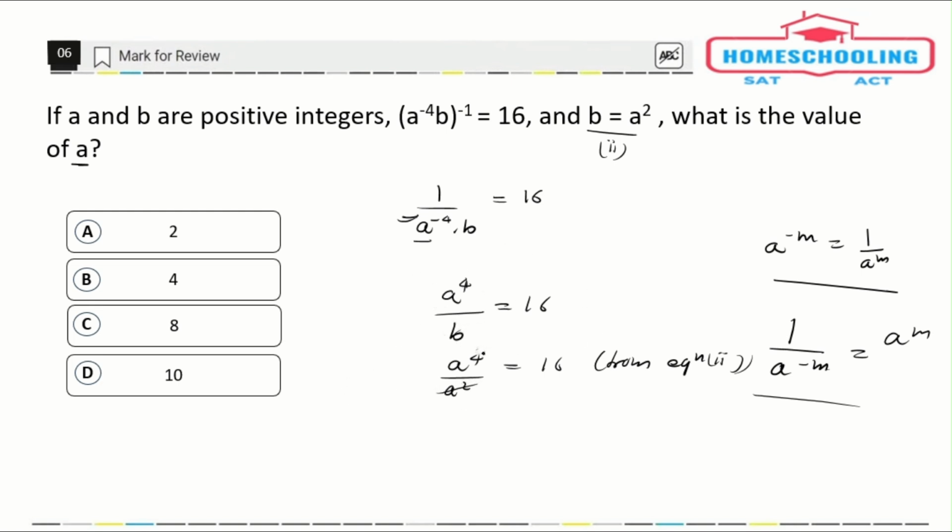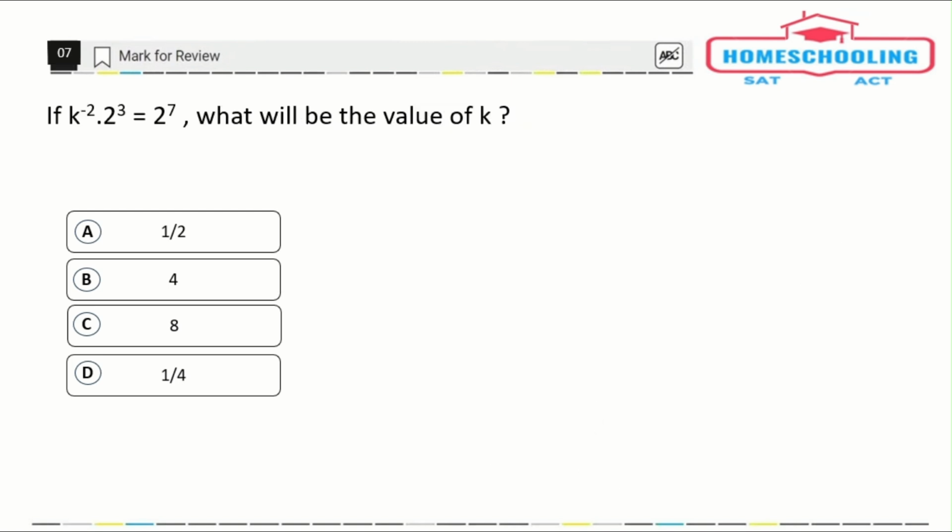So this would be a square is equal to 16. So a is the square root of 16, which is equal to 4. So option B is your correct answer. This is your answer. Now moving to the next question.